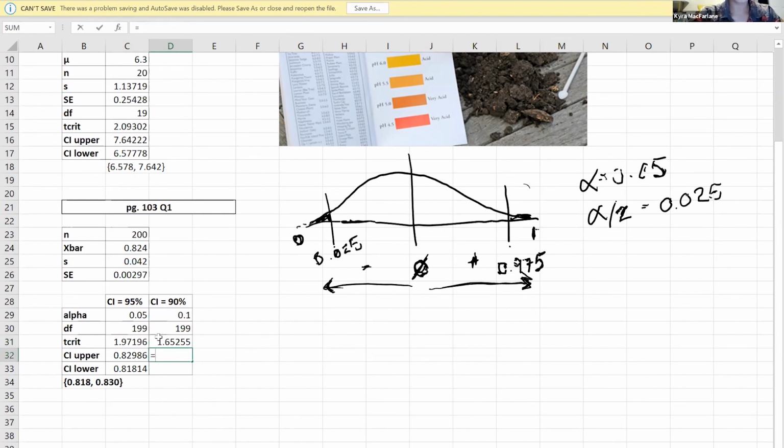Our confidence upper would be our mean plus our critical value times our standard error. For the lower one, we have our mean minus our critical value for the 90%. Make sure you're not picking these ones, times our standard error.